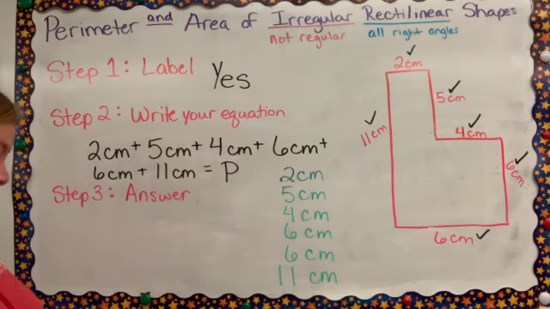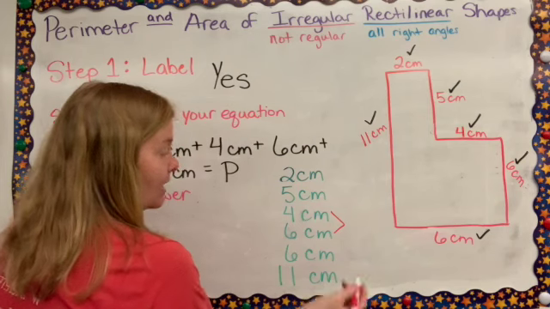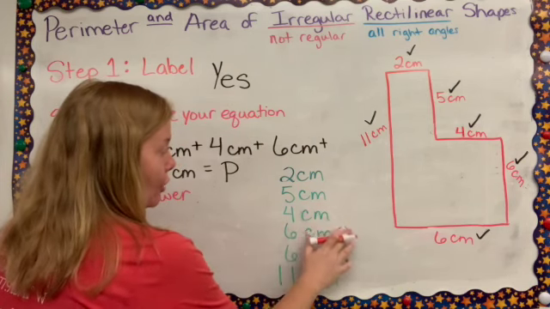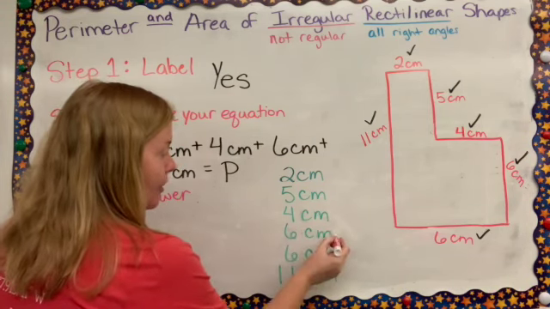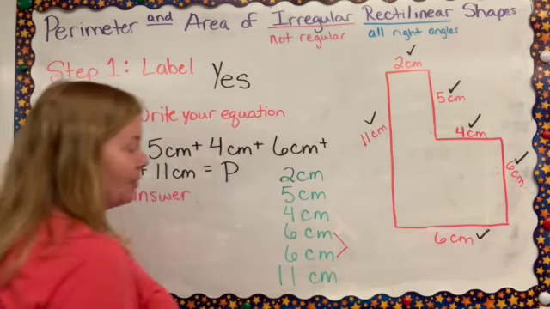Are there any numbers that make it very easy to add? Yeah, absolutely. So it doesn't matter which order you go in. You can say 4 and 6 make 10, or you could put your 6's together and say 6 plus 6 is 12 because I know my doubles. I'm going to go with that one.